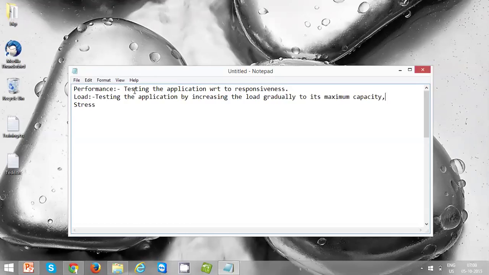So during the load testing, we'll be testing an application by increasing the load gradually to its maximum capacity and ensuring all functionalities are working. We have to make sure that the application is not crashing, and the second thing is no memory leaks.